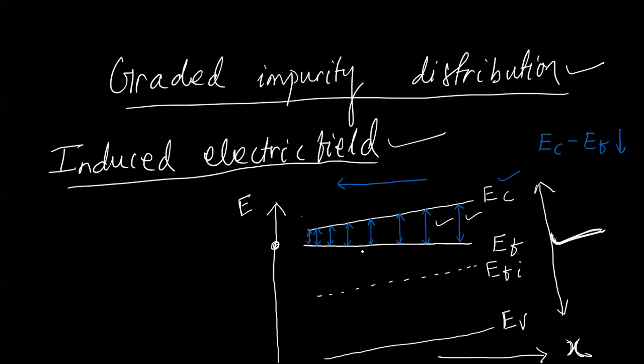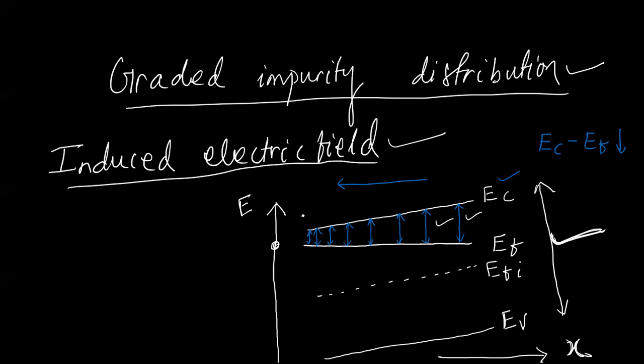Now in this case, when the semiconductor is doped non-uniformly, what will happen to the electric field? That is what we are going to find out. As we said, there is a concentration gradient or density gradient as you move along the x direction. So there will be diffusion of majority carrier electrons from the region of high concentration.